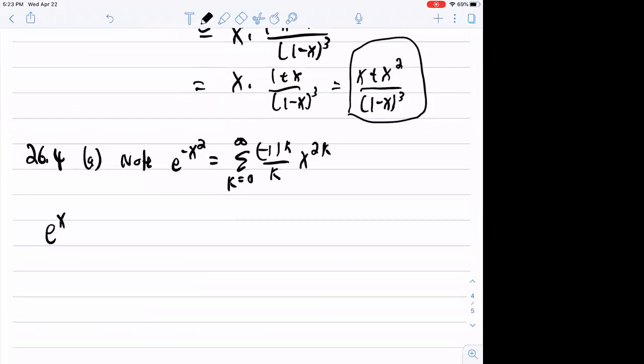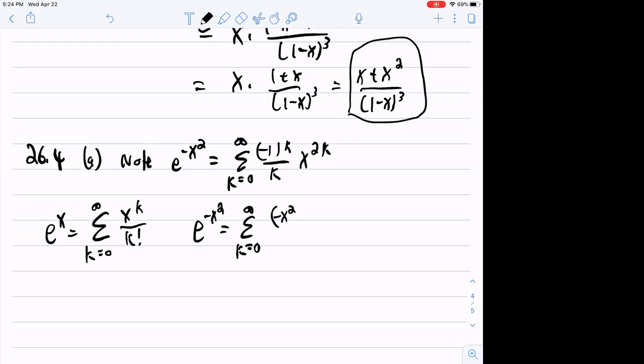So if e to the x was this, well, what am I doing? e to the x was just the sum of x to the k over k factorial. And if you replace x with negative x squared, it's just this. You're replacing x with negative x squared, and you can check that you get, if you FOIL this, negative 1 to the k and x to the 2k.